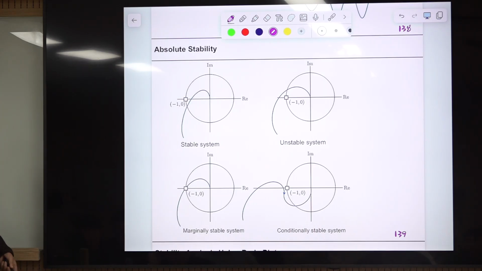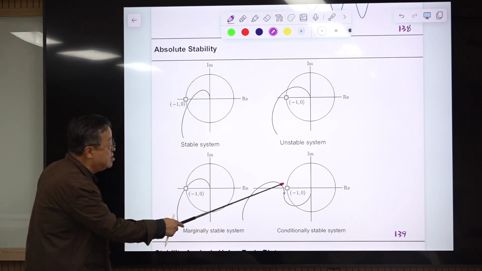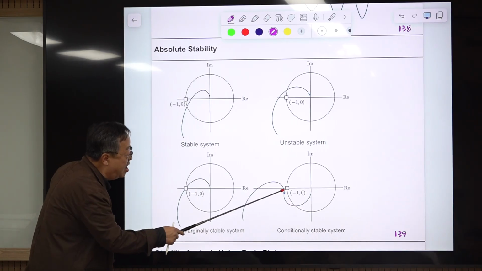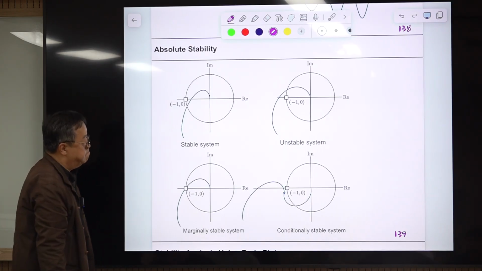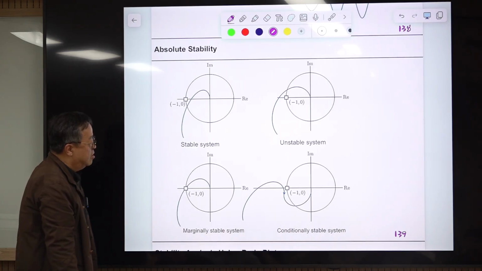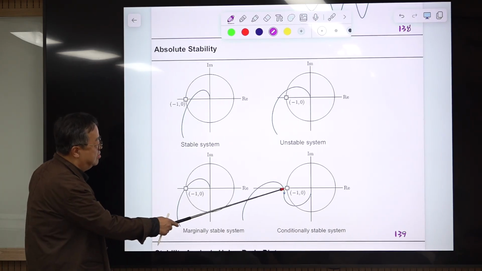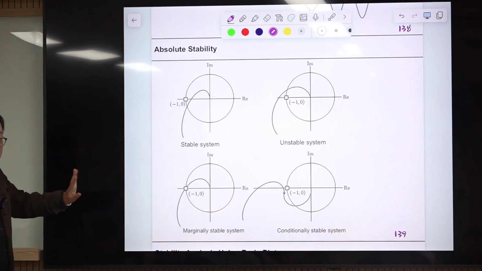There is another strange case. It behaves something like this, and it does not encircle this point. In our criterion, it passes line segment C twice. It's confusing, but forget about that.